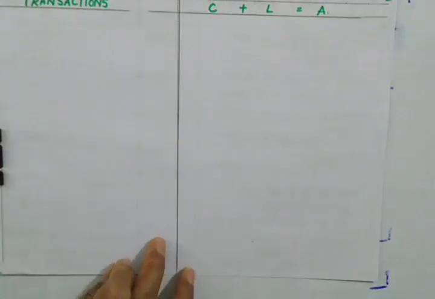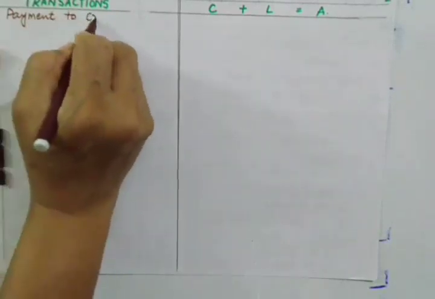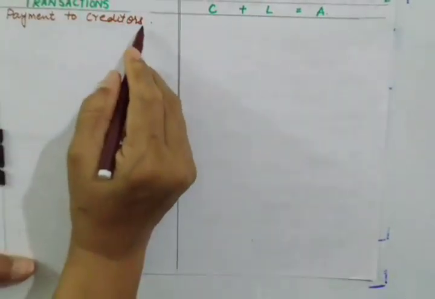So next is transaction number 5: payment to creditors. What will happen when you are making payment to creditors?